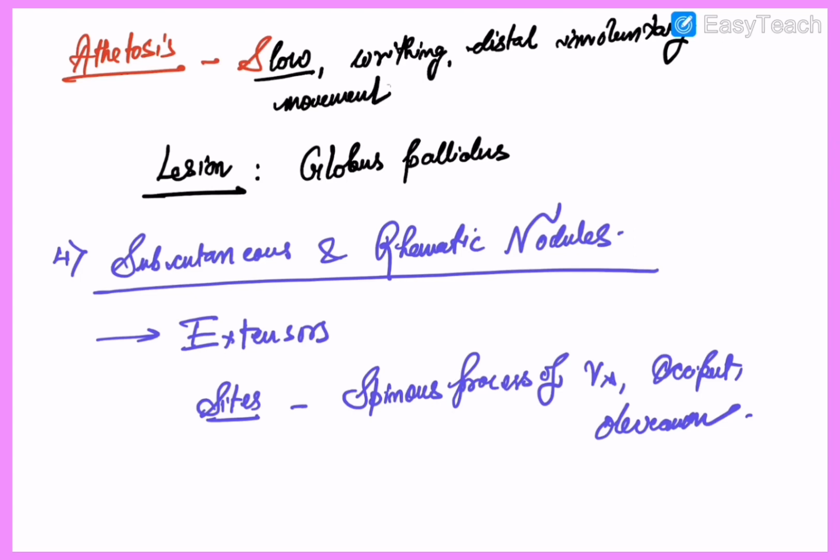Now, coming to the minor criteria. What are the minor criteria? Fever, arthralgia. What are the lab features? ESR is increased.